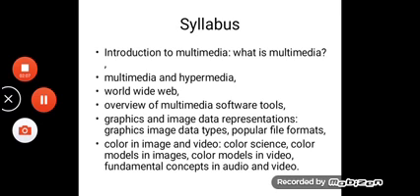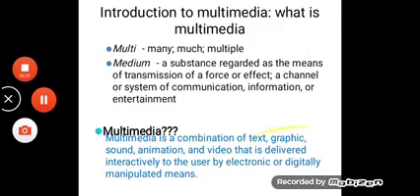Now in today's session, let us go ahead with popular file formats. What are the file formats that an image is represented by? All those we will see for graphics and image popular file formats in today's session. So let us go ahead.